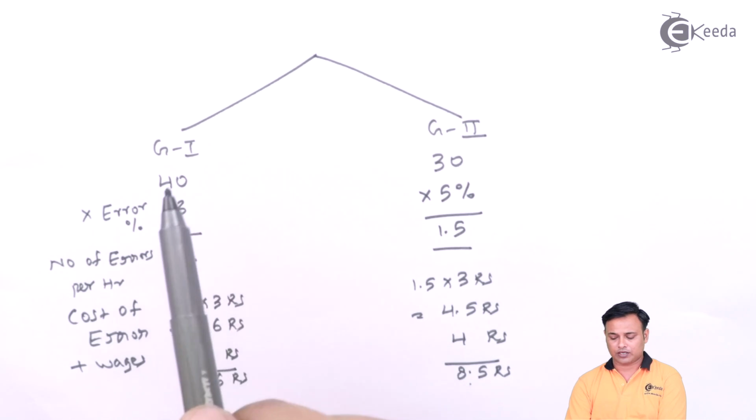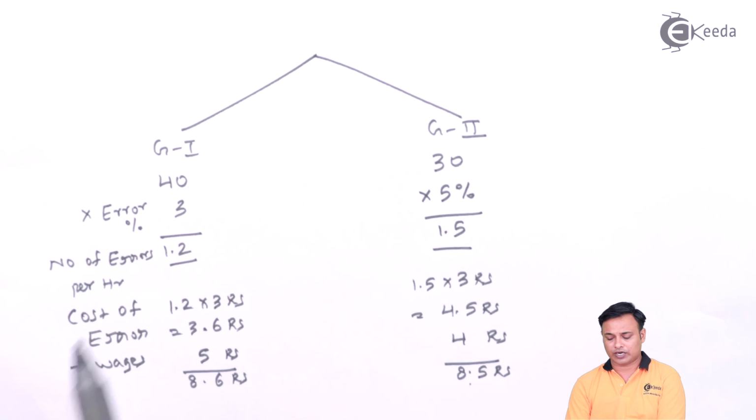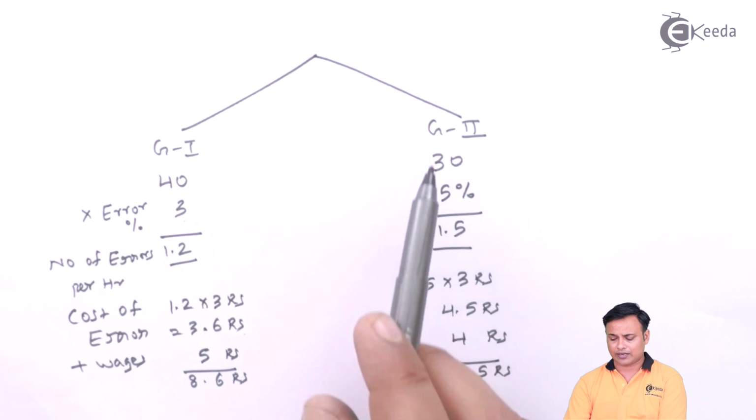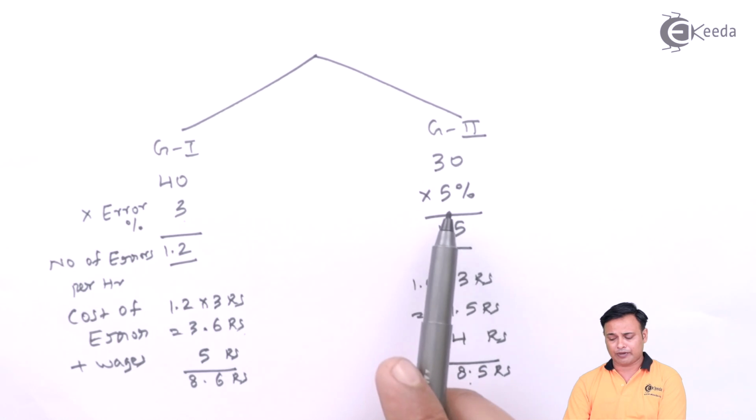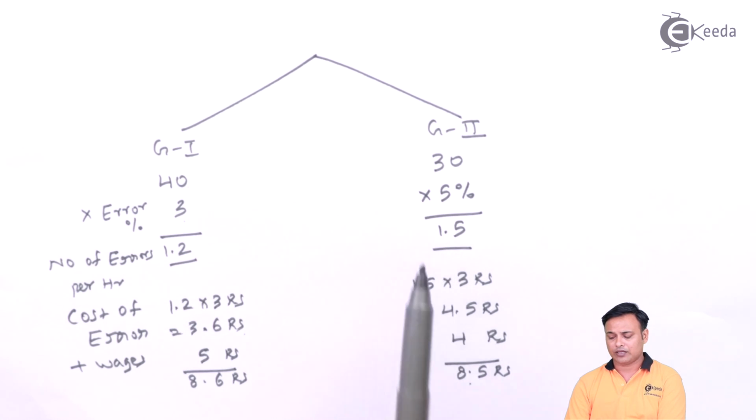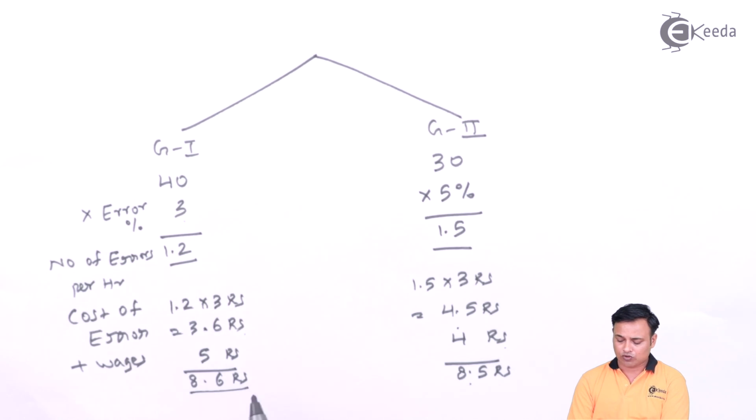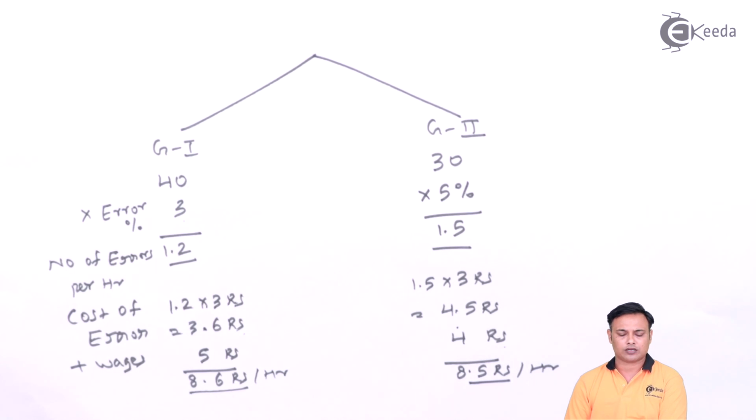For grade 1 inspector, 40 inspections multiplied by 3% error, 1.2 errors per hour multiplied by 3 rupees, which comes to 3.6 rupees per hour. And wages we are paying 5 rupees per hour. Similarly for grade 2 we had 30 inspections multiplied by 5% errors, that is 1.5, multiplied by 3, 4.5 rupees per hour the error cost, and 4 rupees per hour is the wages paid. So this was the 8.6 rupees per hour and 8.5 rupees per hour.